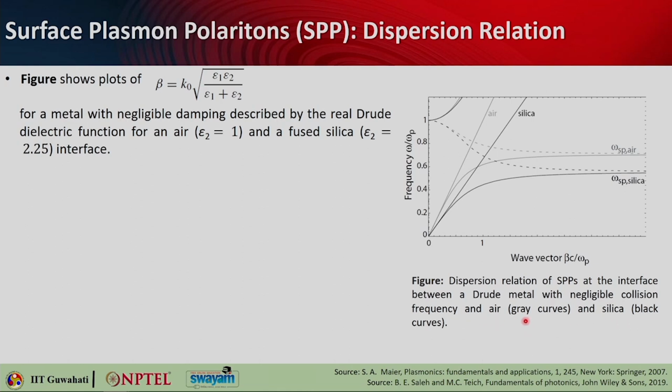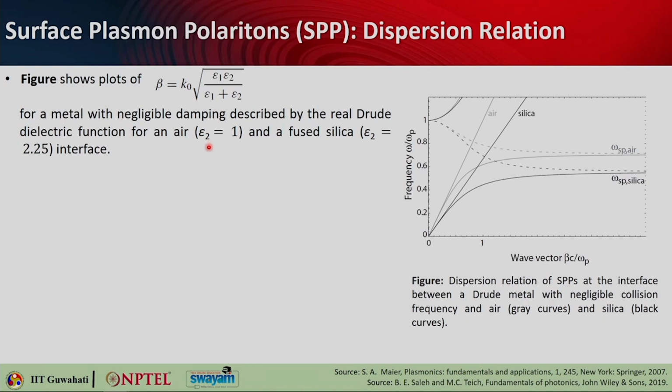The air interface is drawn using gray curves, so these light color lines are for that case, and the black curves are for the metal silica interface. Now this we have seen, this is the dispersion relation. So now what are the parameter values for epsilon 2?